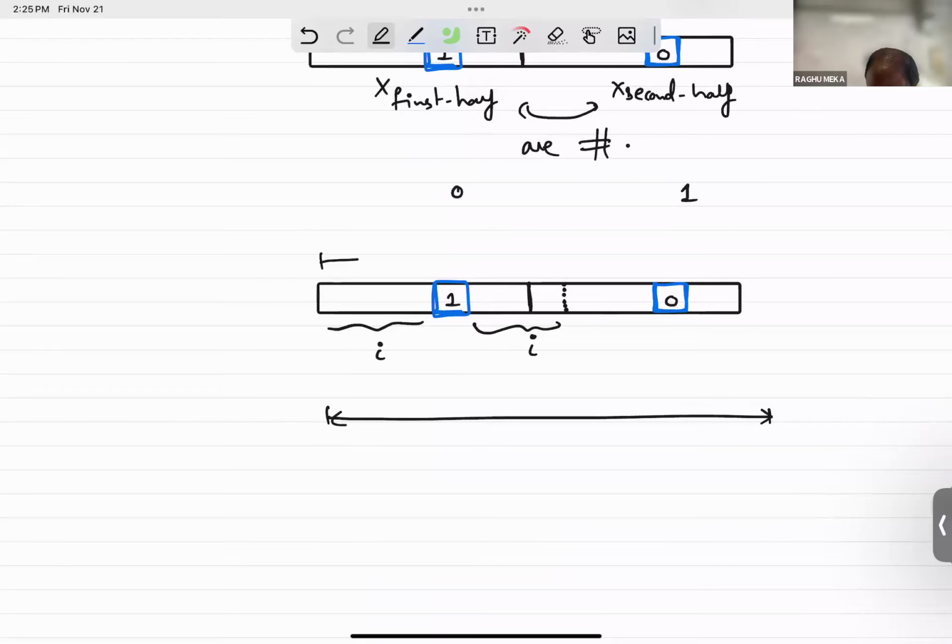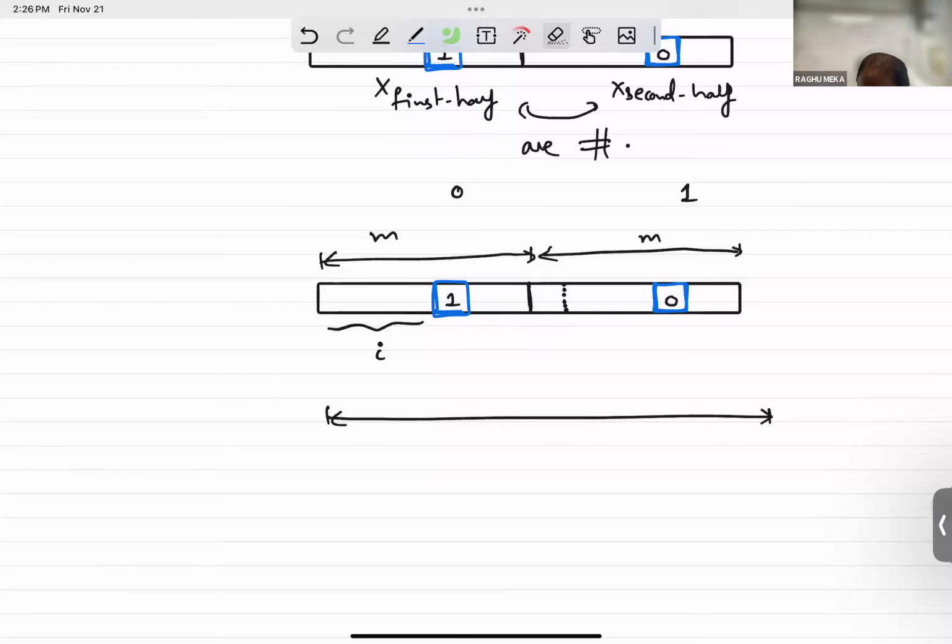So let's say each piece is of length m. So the first half is length m, the second half has length m.